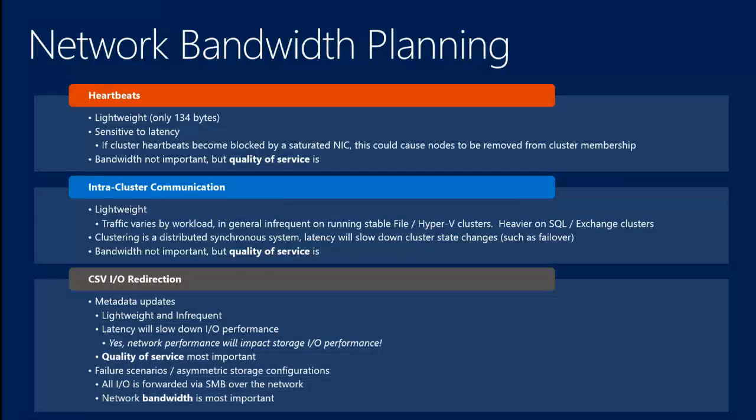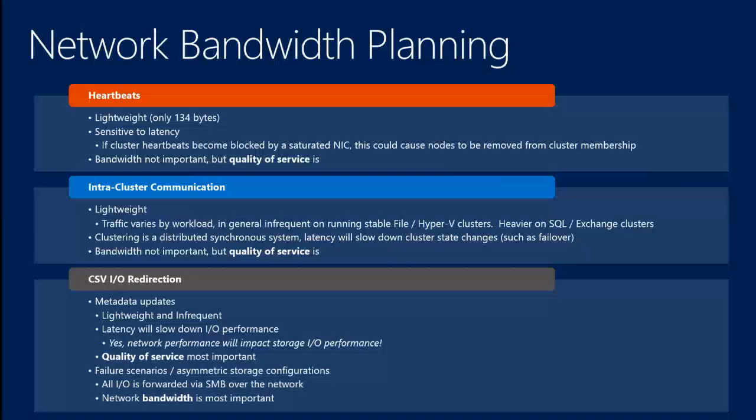So let's talk about these 3 different types of communication. Again, heartbeats, very lightweight, but they are sensitive to latency. Remember, we're sending these heartbeats once a second, and if we don't get responses in 5 seconds, we're going to deem a node down, and we're going to shoot it and kick it out of the cluster.